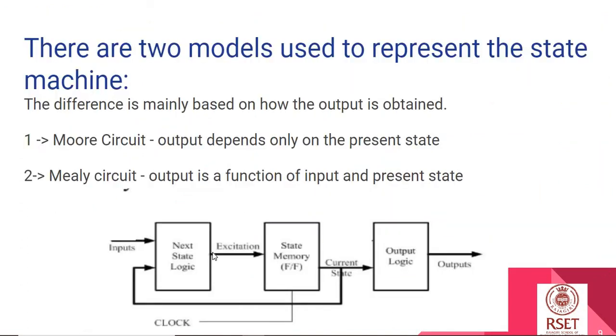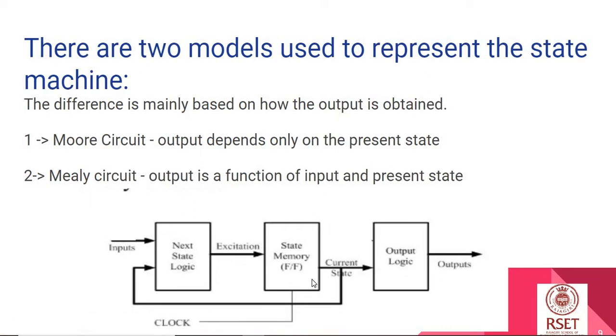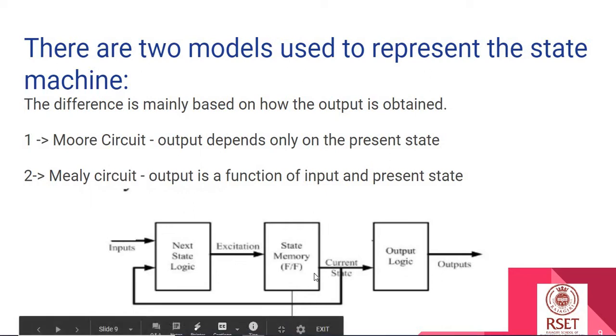In general, there are 2 types of state machines, that is the Moore circuit and the Mealy circuit. In a Moore circuit, the output only depends on the present state. That is, you provide an input to your state logic and you have a memory to hold on to your states. And when you give a clock, we obtain an output, and this output depends just on the states.